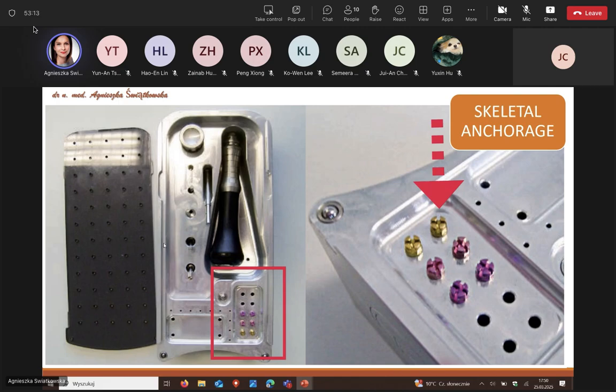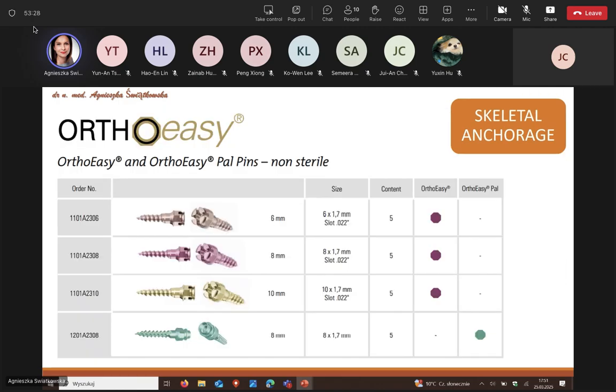Here you can see Ortho Easy company micro implants, and these implants, as you see, have a slot here, so we can use a rectangular wire and put it into this implant. The Ortho Easy implant, which we put in from the vestibular side, comes in 6, 8, 10 millimeter lengths. This is for the rectangular wire, and this is for palatal implants.